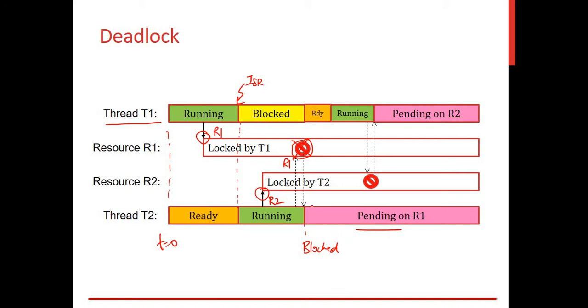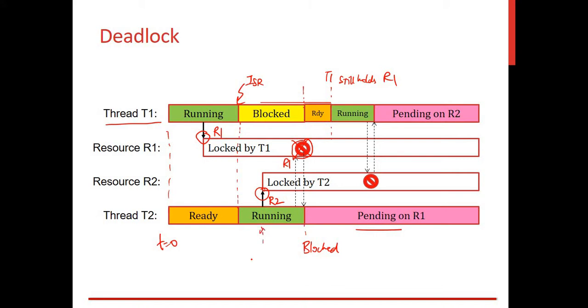At this point, thread T1 changes to a ready state, and then switches over to a run state. T1 resumes running from this point onwards. We must remember that T1 still holds R1, and T2 is already holding R2.